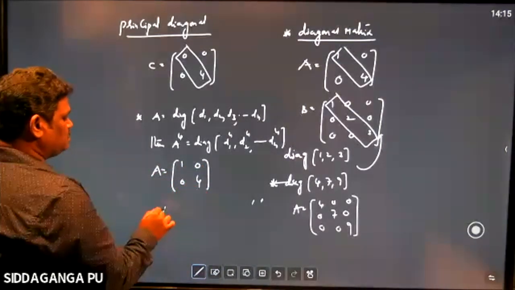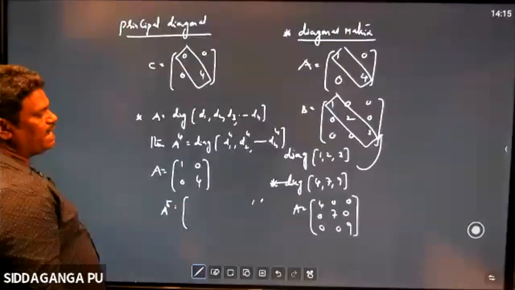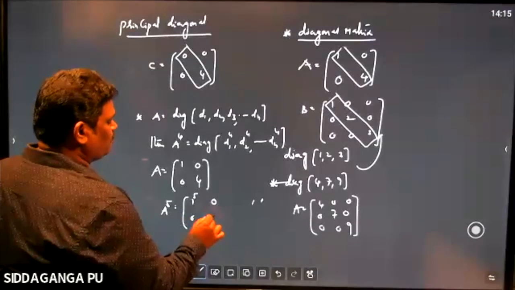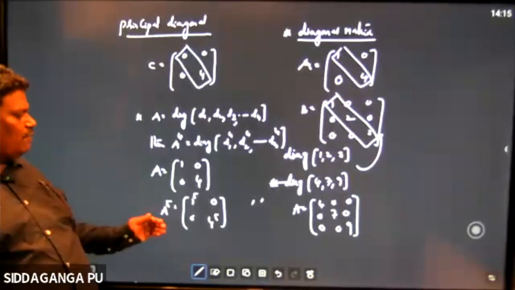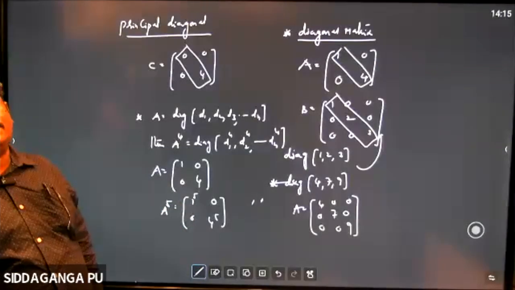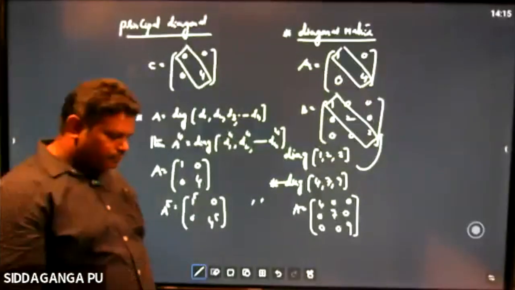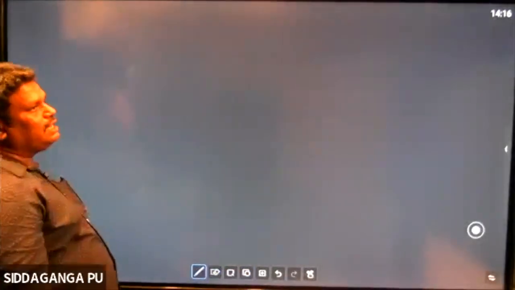Now we can find A power 5. Simply, since this is a diagonal matrix, A power 5 is 1 power 5, 0, 0, 4 power 5. That is the value of A power 5, because it is a diagonal matrix. Right. So that is the diagonal matrix. After that we can learn another definition, the identity matrix.